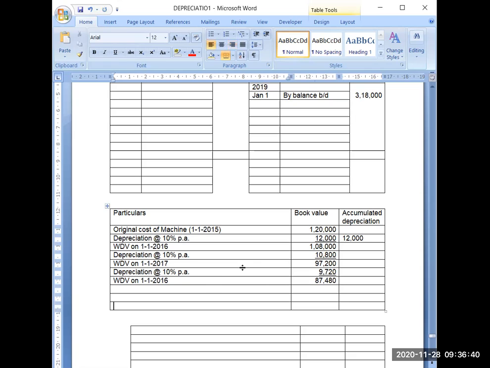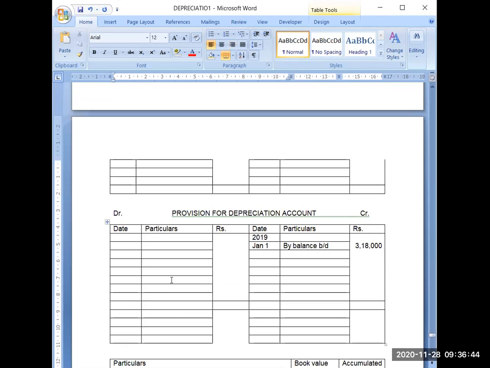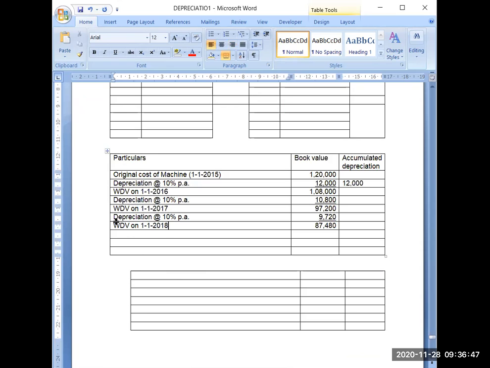The written down value date will now be 2018, and we have sold on January 1, 2019. So once again we have to do this to reach the written down value.